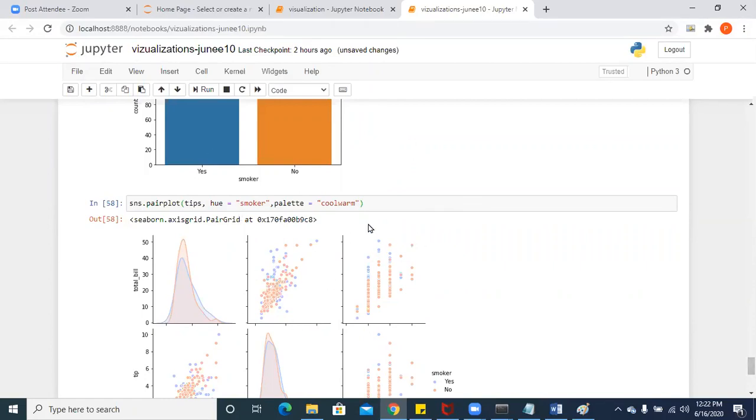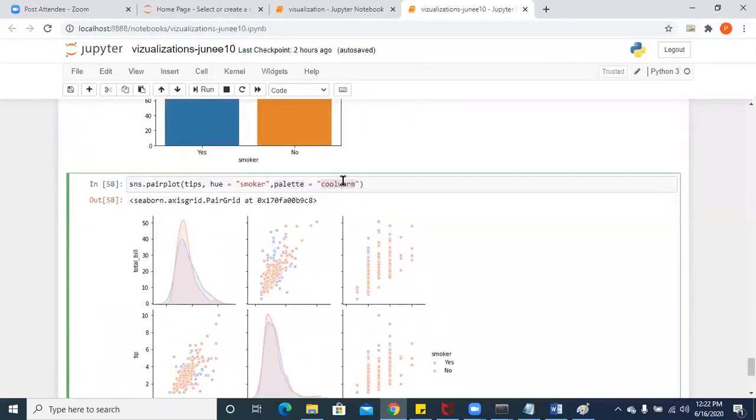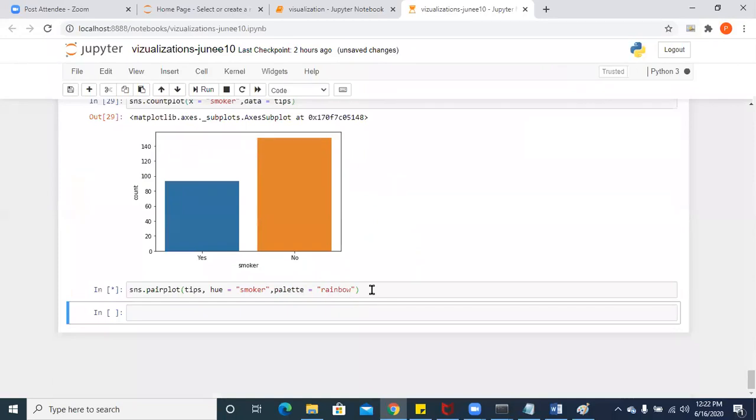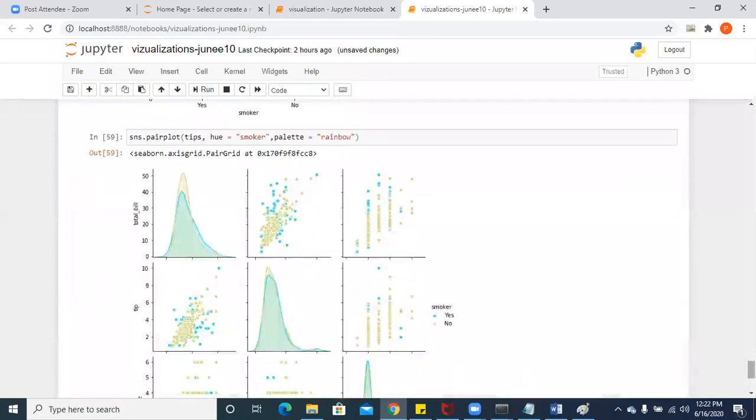So let it be. If you see this, coolwarm palette is nothing but the theme of your graph. You can put coolwarm or rainbow, or bright or something else.